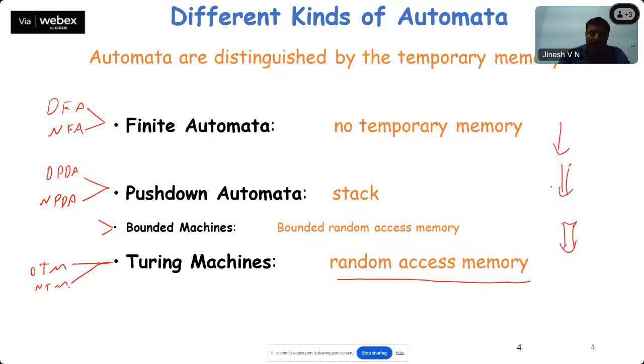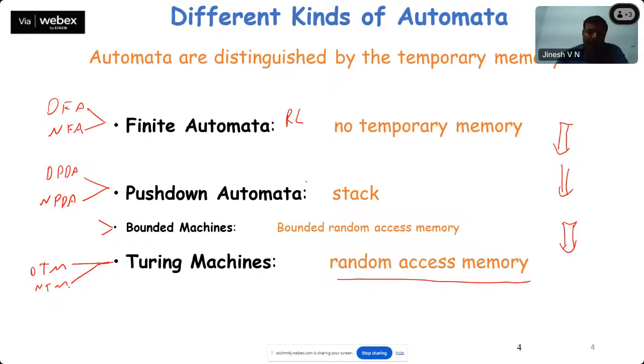Then the least expressive power is with finite machines. Finite automata will not have that much. Very limited types of languages can be represented by finite automata. The languages which can be represented by finite automata are known as regular languages.